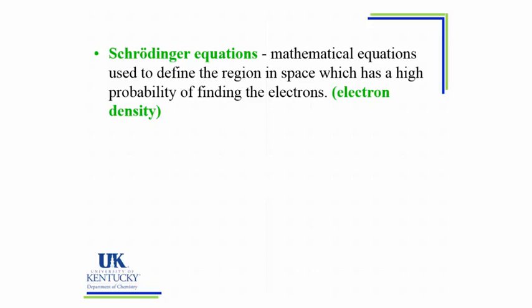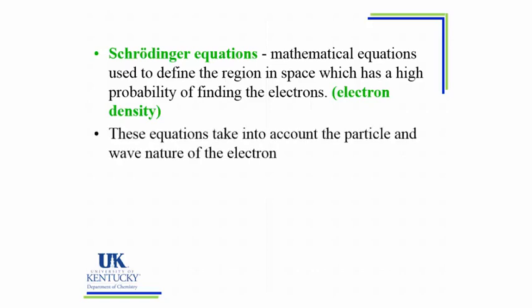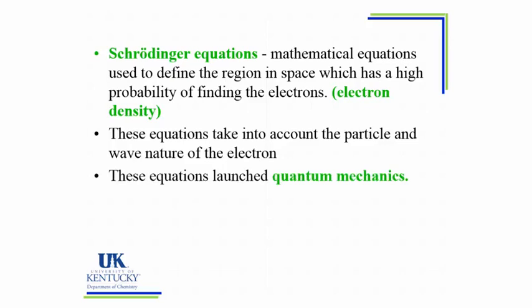But these give us areas where there is a high probability of finding the electron, and we would say it has a high electron density. So I already told you that they take into account the dual nature of the electron, and this is what launched what we call quantum mechanics.